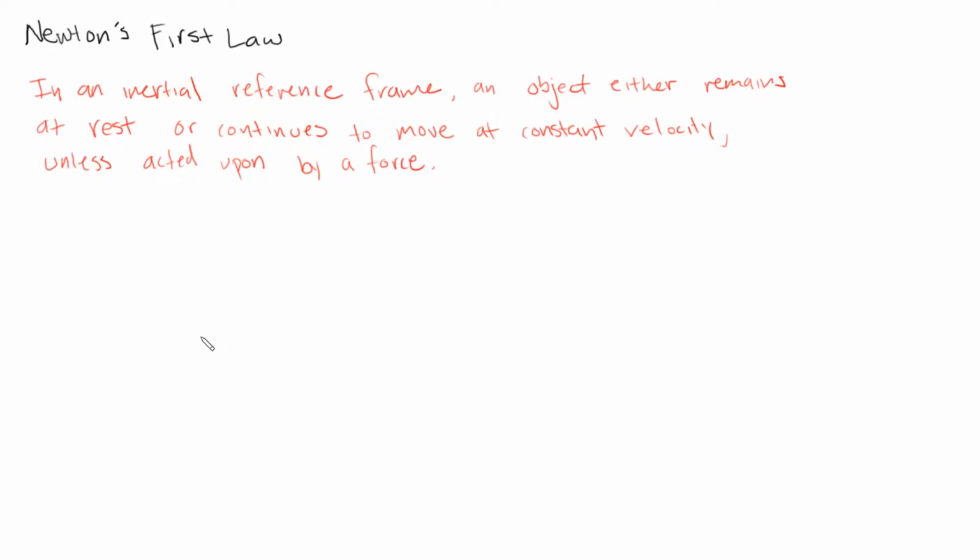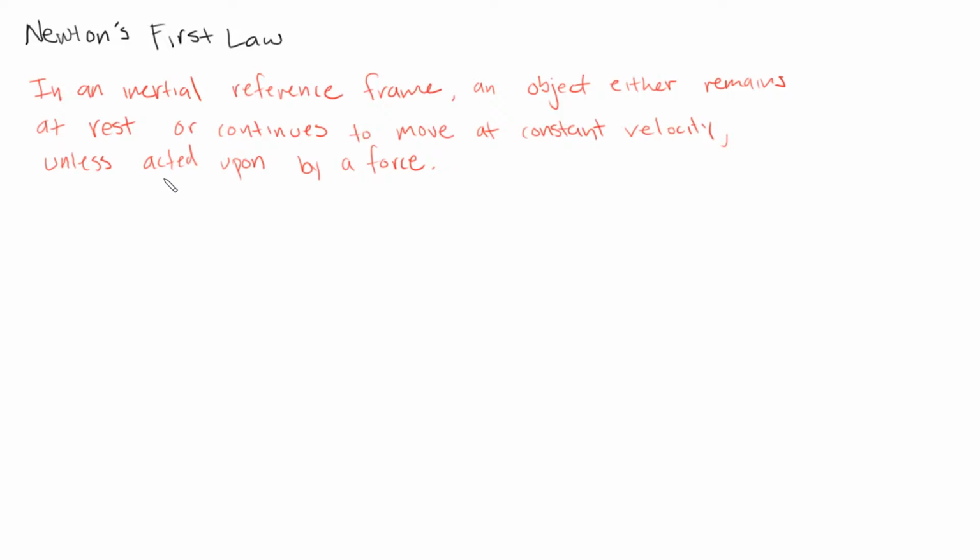So, let's first define an inertial reference frame. An inertial reference frame is basically a reference frame that doesn't move. You could think of it as the ground, or as the Earth or something. But if you look at a scope larger than the Earth, you would notice that the reference frame of the Earth is actually moving.